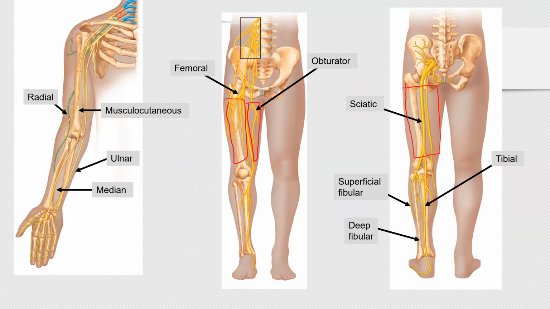And then the posterior part of your leg, right there, is innervated by the tibial nerve. Now the lateral part is innervated by the superficial fibular, and the deep fibular is actually going to move to the front, and it's going to innervate muscles of the anterior compartment of the leg, deep fibular, right there.